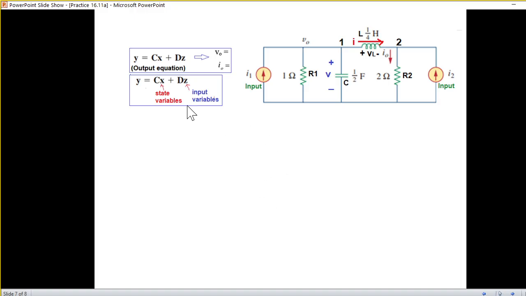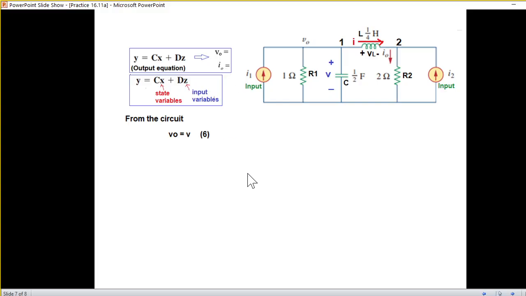Now we'll find the second part, that is the output part. Same logic. From the circuit, we can see that V0 is equal to V, because this voltage is the same as this voltage. So V0 is V, and the two outputs, if you recall, we have to find V0 and I0.